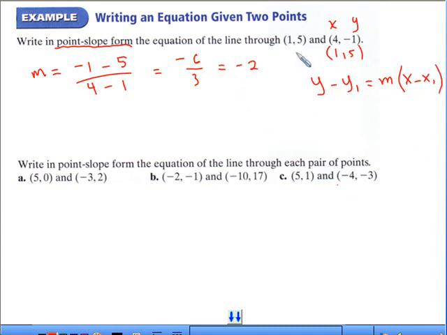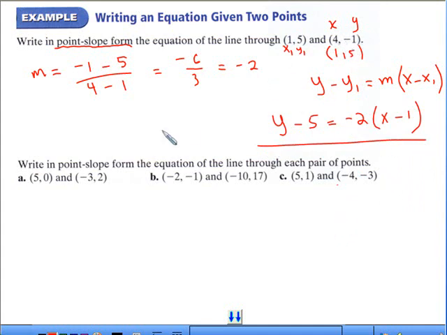Let's say I use this point right here. This will be my x1, y1. I'm just going to plug it in here. So we get y minus 5 is equal to m, which is negative 2, times x minus 1, and then you're done. That's it.